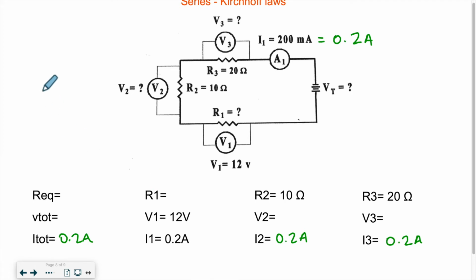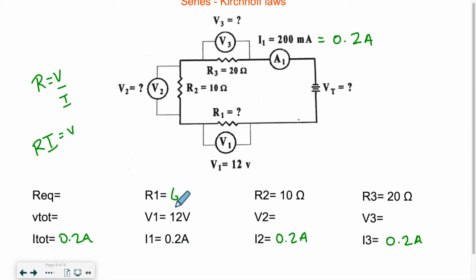As I told you before in the previous slide, R is equal to V over I. I said that's going to be our go-to equation, very useful. I can also put another variation, R times I equals V. If I take this and reorganize my equation, I get R times I is equal to V. So R1 is equal to 12 divided by 0.2.